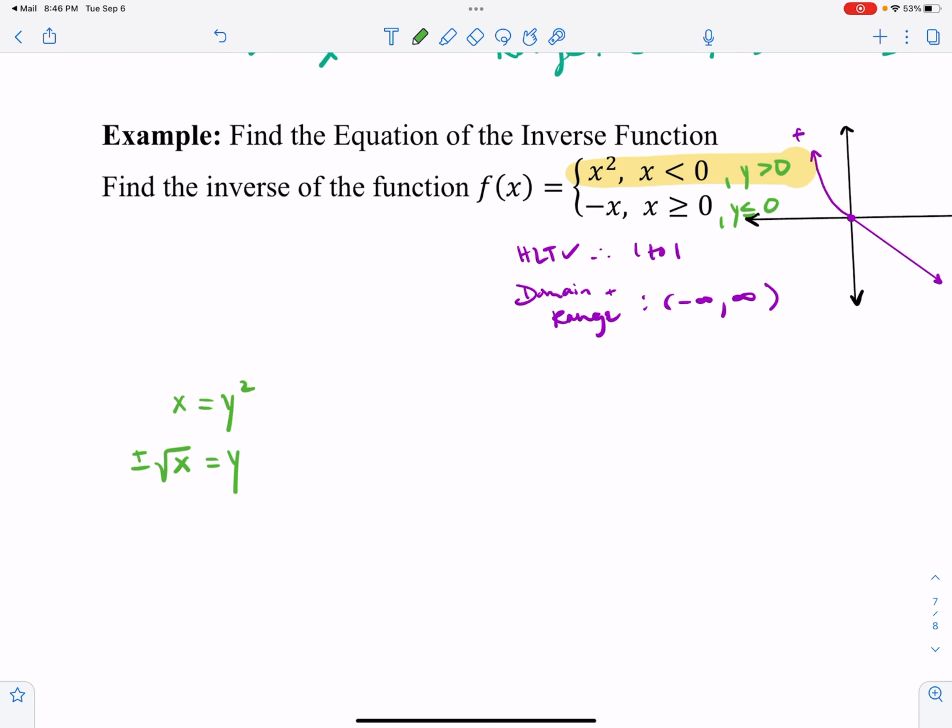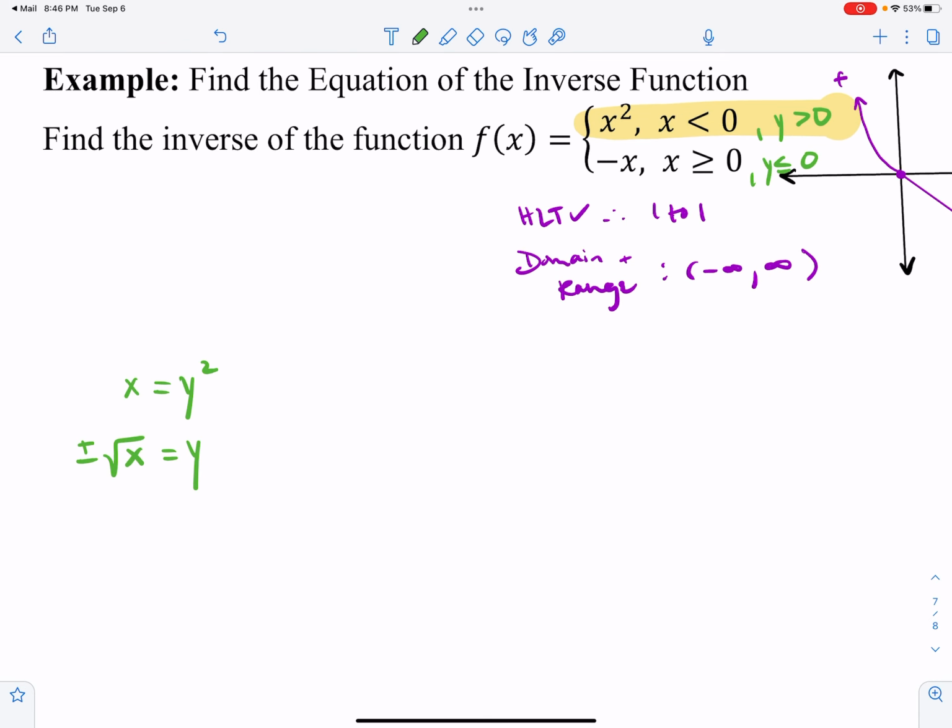But we can think about the fact that the domain and the range should switch for this equation, right? So we know that x would be greater than 0 because I'm looking at the range of that piece, which was this part right here. Y greater than 0 is now going to be x greater than 0 for the inverse.